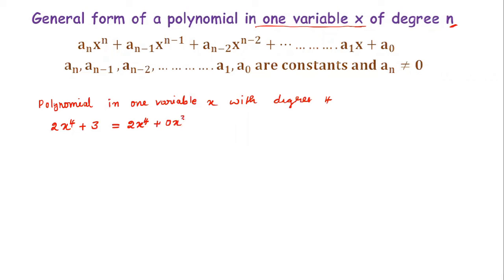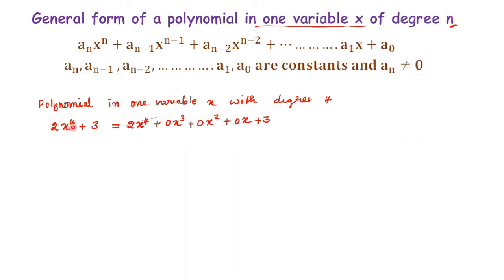After 2x to the power 4, x cube has to come, but it is not there here, so we have to write 0x cube, then x square, not there, 0x square, then the term with x is not there, so 0x, then we have the constant term in our example, so at last write the constant term.